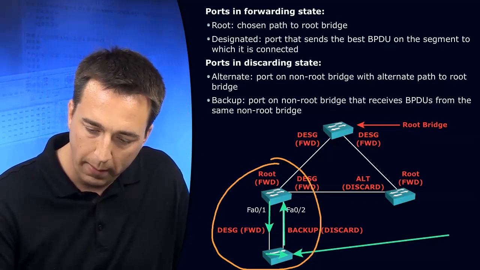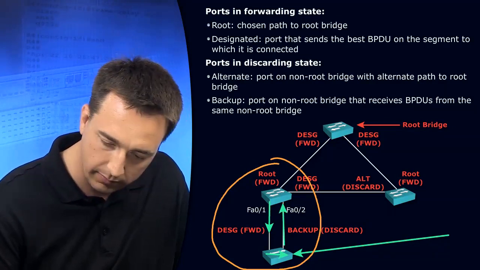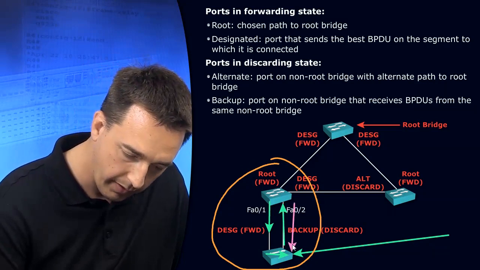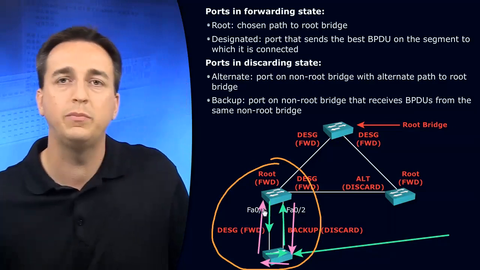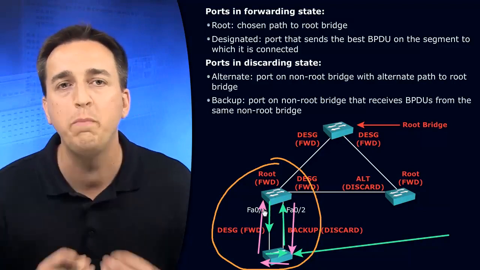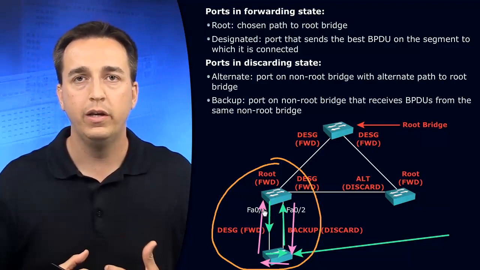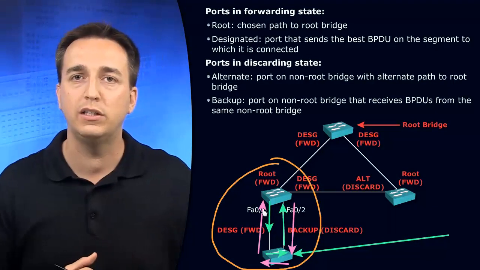Likewise, when a BPDU is sent out this port through the hub, it arrives back up. So this switch receives its own BPDU. The one that's sent on Fast Ethernet 0/2 comes in Fast Ethernet 0/1.